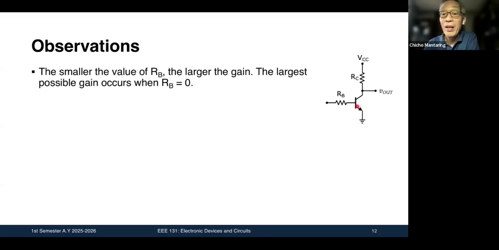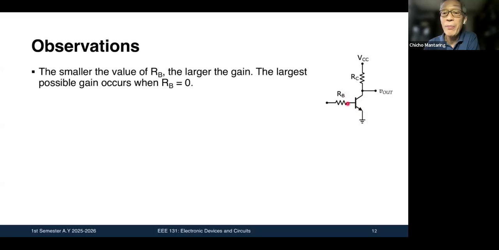If this is silicon, we say that that is 0.7. If RB is 0, then you will have an invalid circuit because you will have an input voltage that might be different from VBE, which you assume to be 0.7. So you can no longer use that particular model.